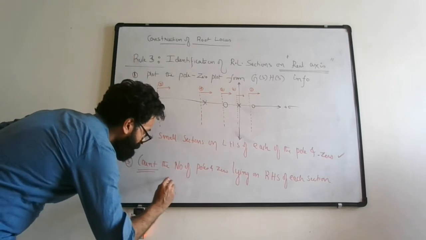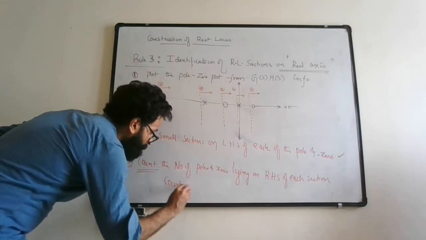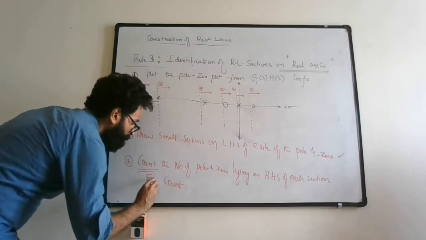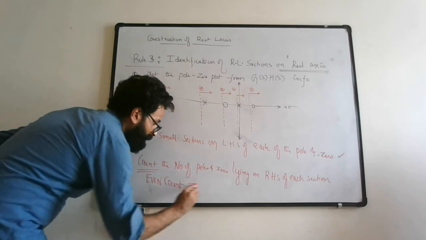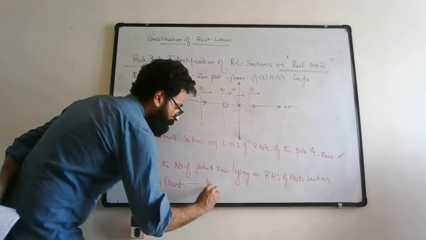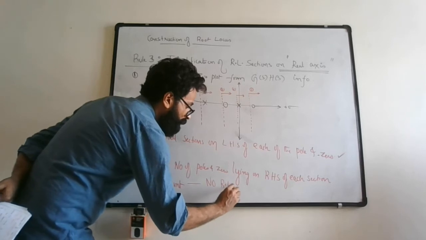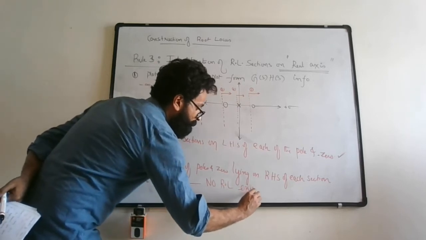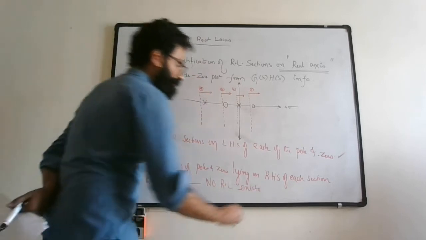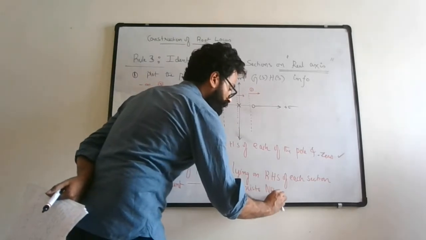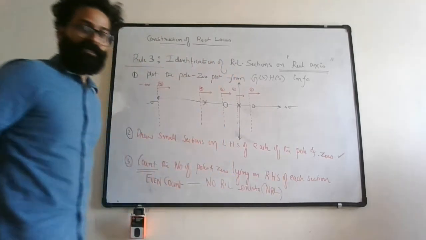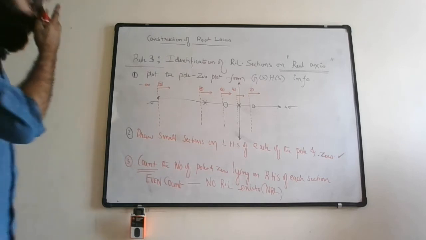If you get an even count, then you can say that no root locus exists. In short, NRL. NRL stands for no root locus exists.